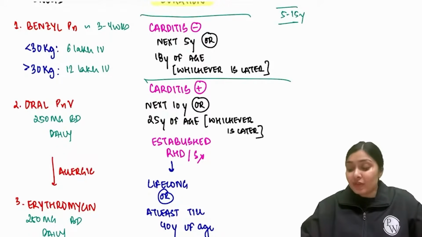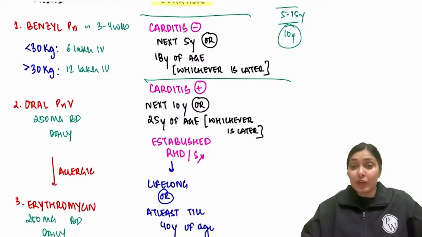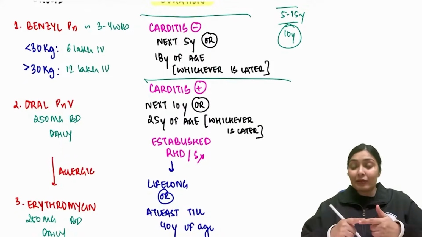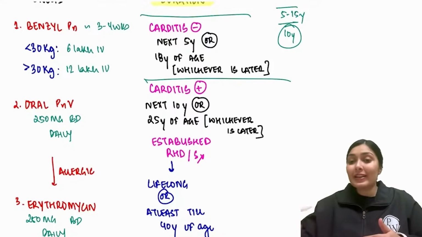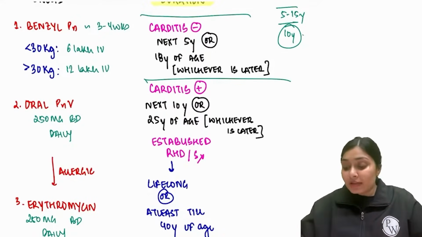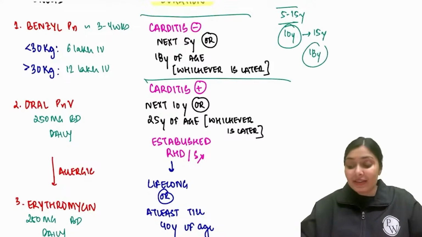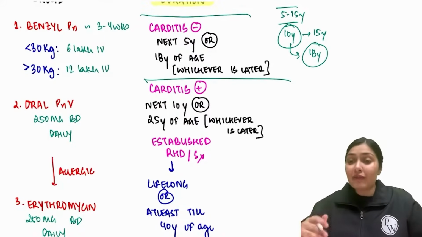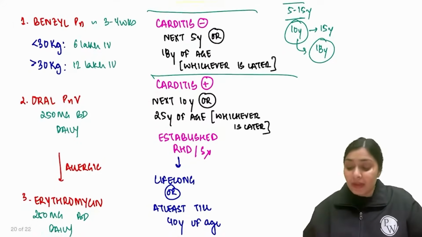So imagine if the child gets this disease at 10 years of age, there was no carditis. So I have to give either for the next 5 years or till 18 years of age, whichever is later. So next 5 years, the child will be 15, but 18 years is later. So I will continue this till 18 years of age.